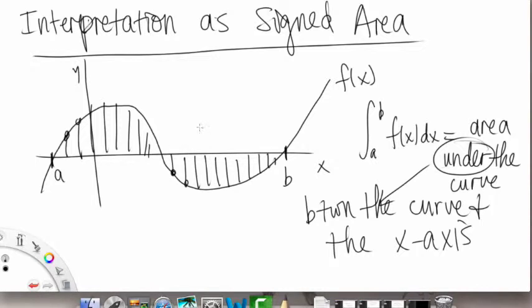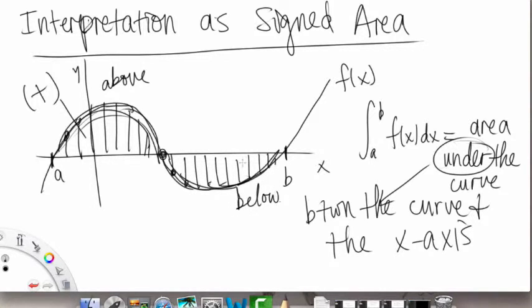What I mean by signed area is that when the curve is above the x-axis, like on this part here, all the way up to this point, our area is positive. But when the curve is below the x-axis, even though the area technically still has to be positive, we consider it a negative value.